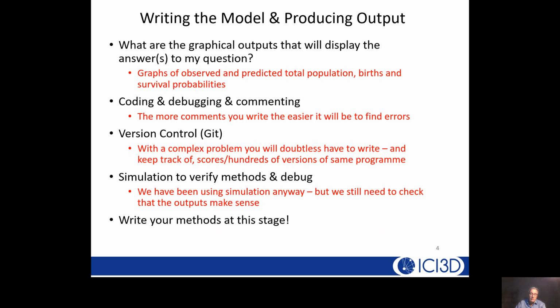Now then, the thing to remember when you're doing the modeling itself is that it's an extremely good idea to write comments in your code as you're going along and to be debugging it as you go along.